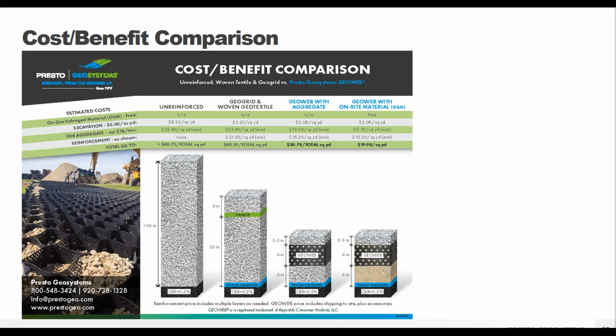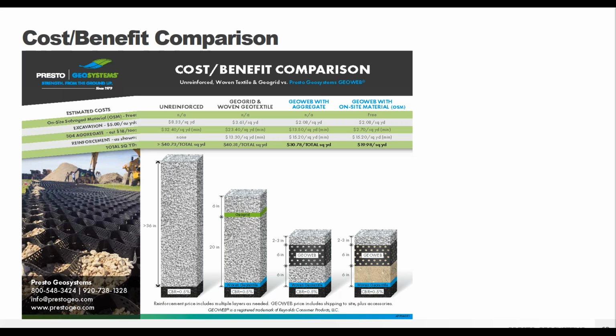And so this is for a load support application, not necessarily for a slope, but still kind of gives you the idea of the different costs. And one of the things you can see is how much thinner the GeoWeb section is going to be than either of the others. So you're definitely saving on the amount of materials that you need.